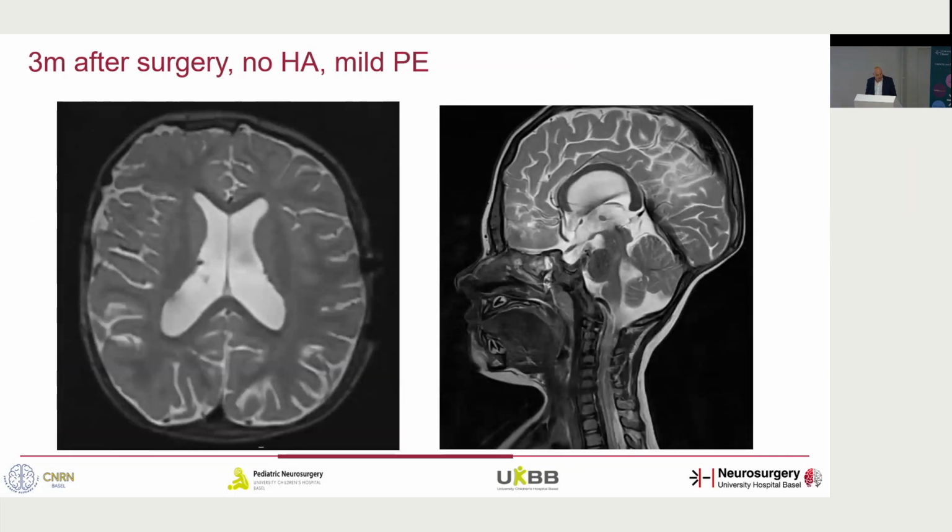Two more minutes for this. So now I got you an MRI. This kid had a fronto-orbital advancement first, and then he came to us with papilledema, and we did the occipital distraction.